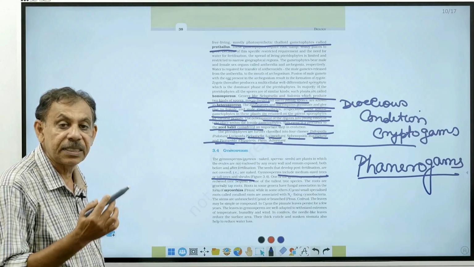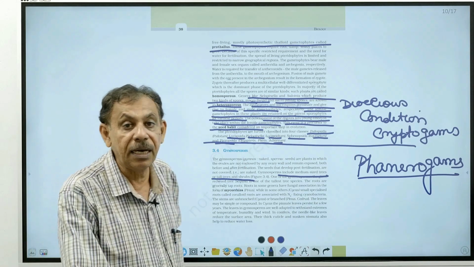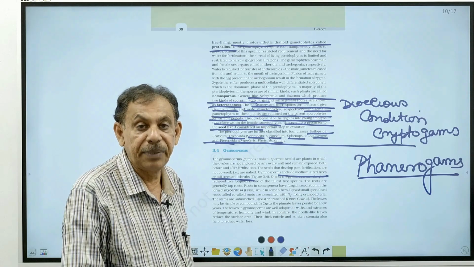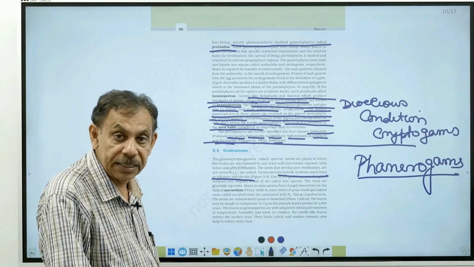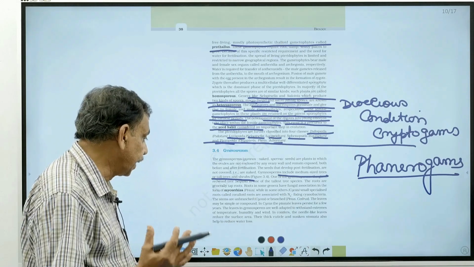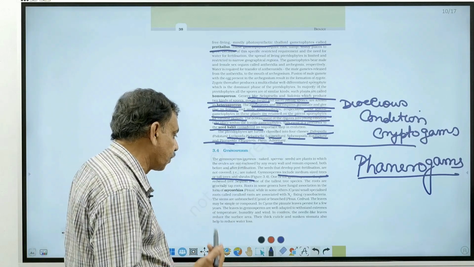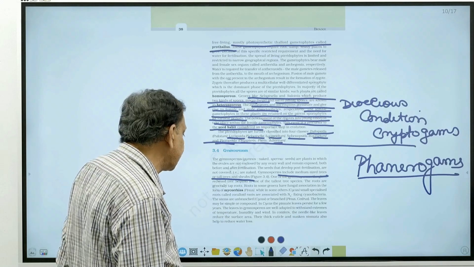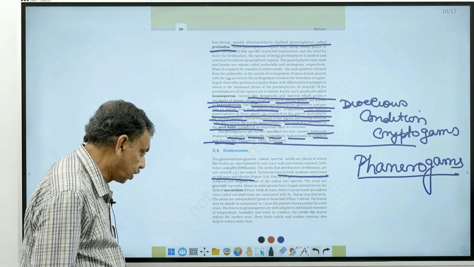In case of Cycas, the roots are associated with blue-green algae like Anabaena, nitrogen fixing. In Pinus, the mycorrhiza, a fungal association, will collect nitrogen containing products, phosphorus containing products and minerals from the soil. Now, Cycas is having nitrogen fixing.